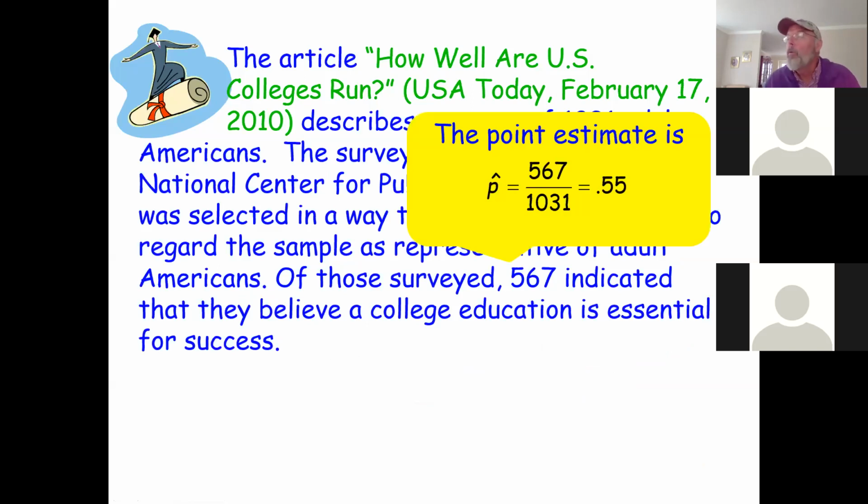All right, so in our example, here's P hat, and here is the number that were surveyed out of a sample of 1,031. So 0.55 is the P hat in this problem.